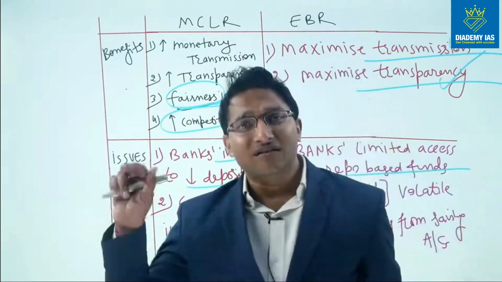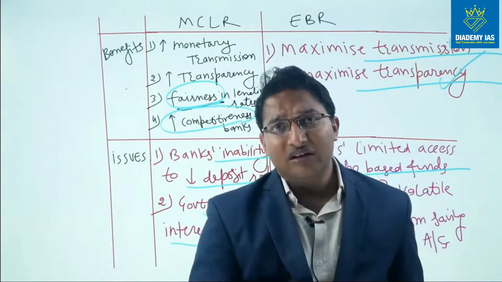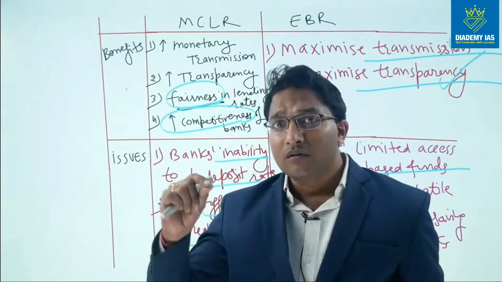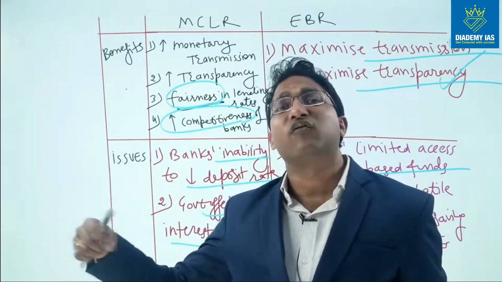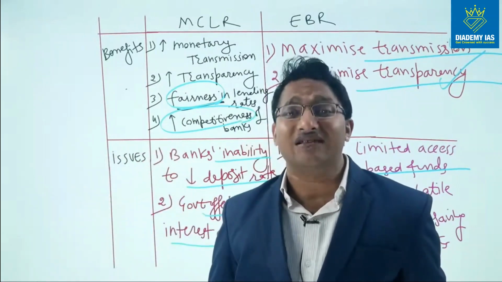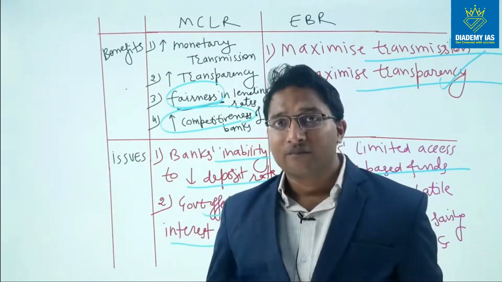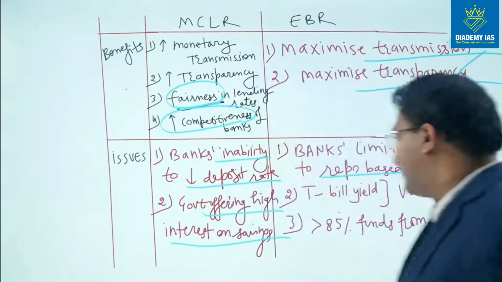So if the repo rate is decreased, but their cost of fund is not decreased, then they will have a problem, because due to decrease in the repo rate, they are forced to give the loan at the less rate of interest, but their average cost of fund is not decreasing. So overall their profits can be adversely impacted.